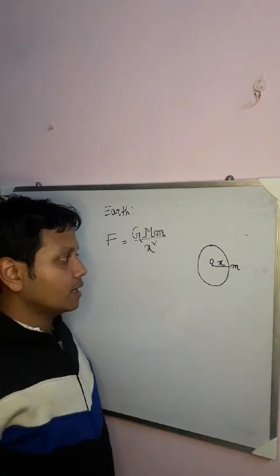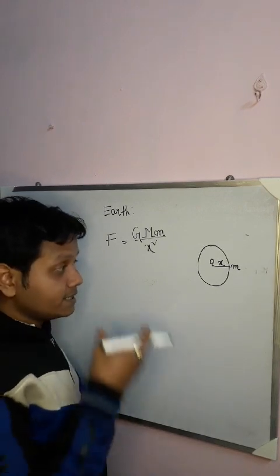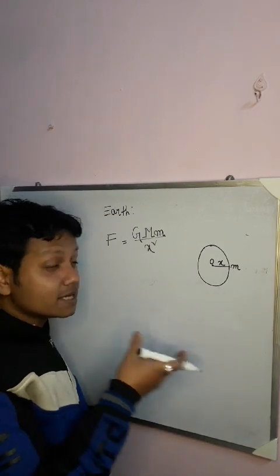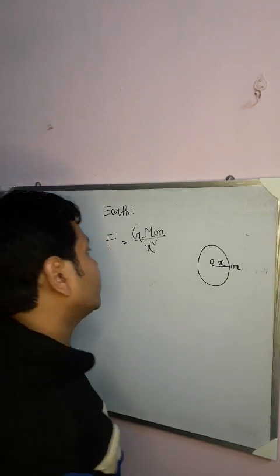Now what would be the amount of work done in taking the object by a small distance dx? At first we have to find it.